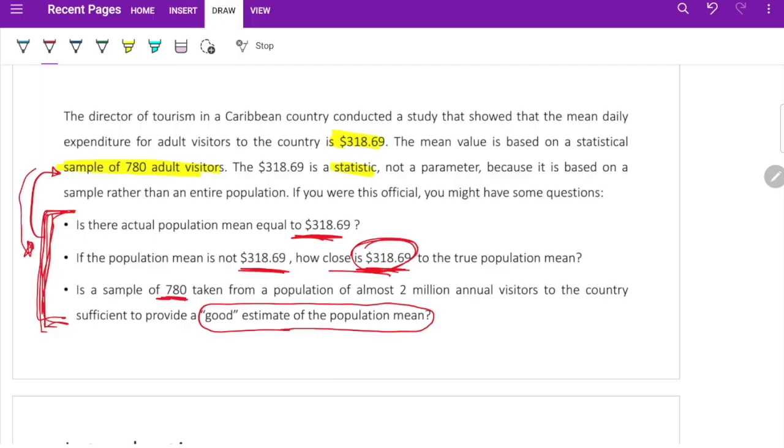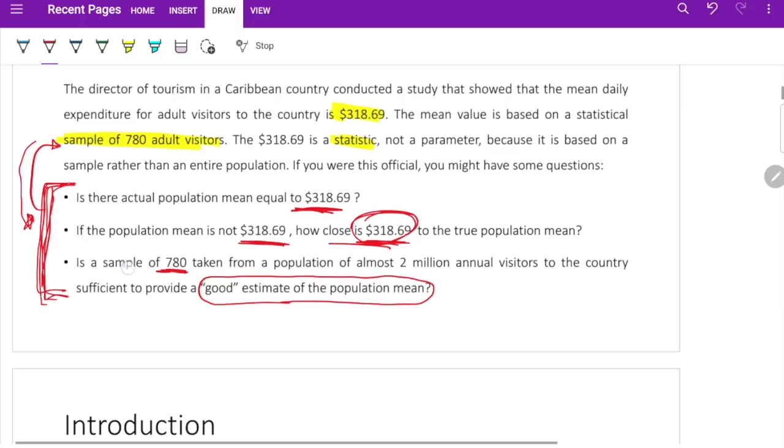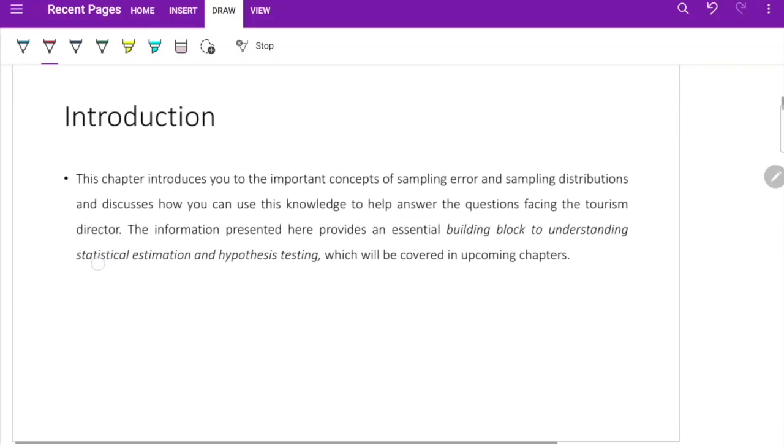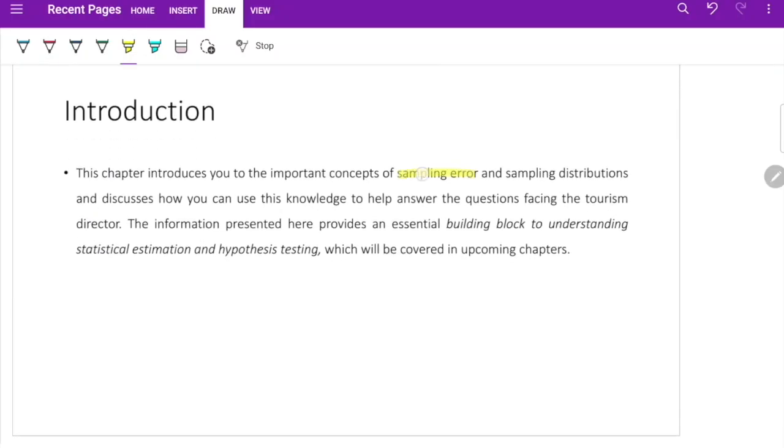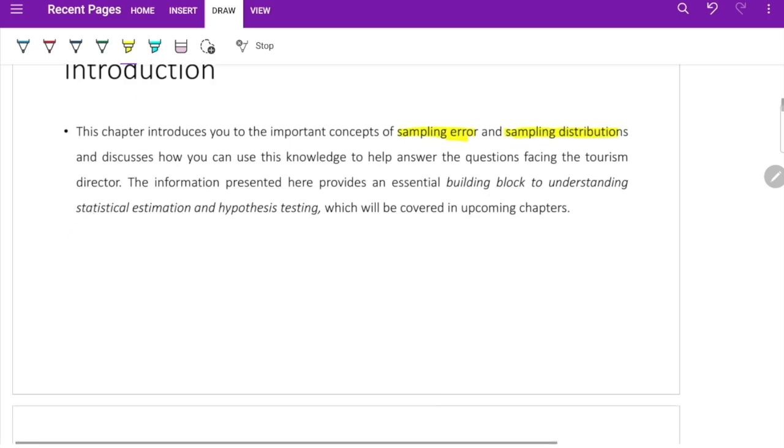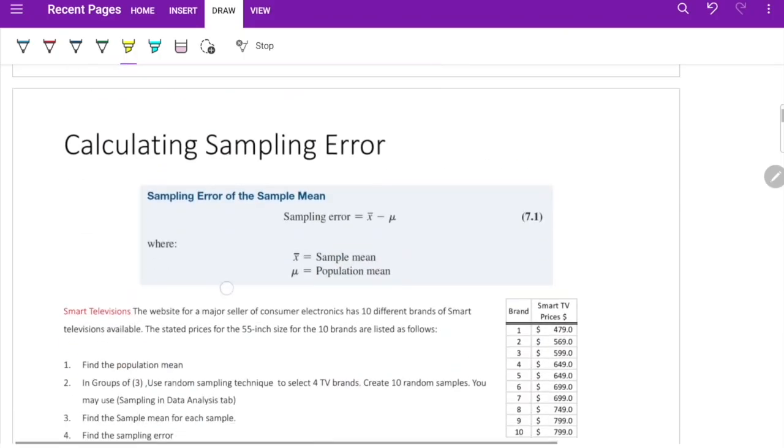As I said before, we crossed the bridge, chapters 4, 5, and 6, and chapter 7 starts telling you some stories about the population. So now we'll be talking about the sampling error, as we said in the previous videos, and the sampling distributions, right? And as we said, this is the building block to understanding statistical estimation and hypothesis testing.